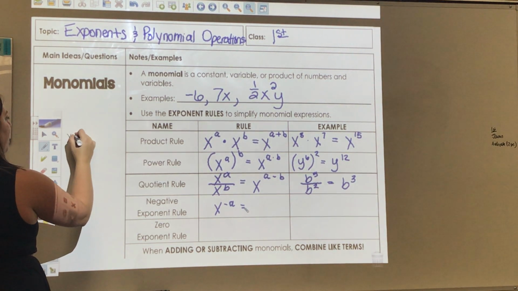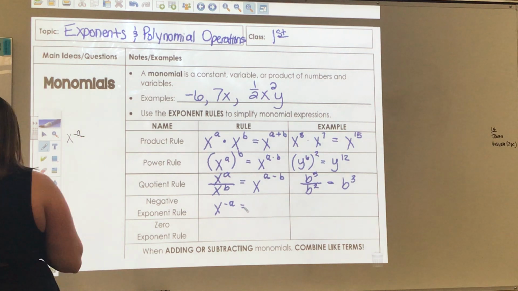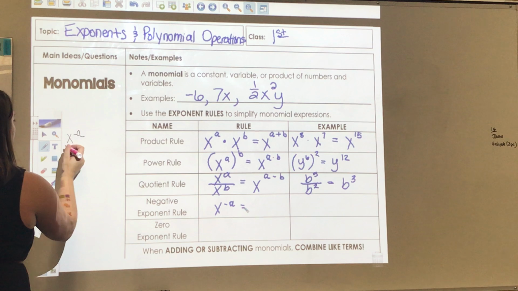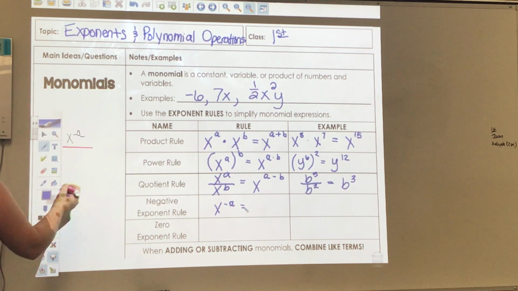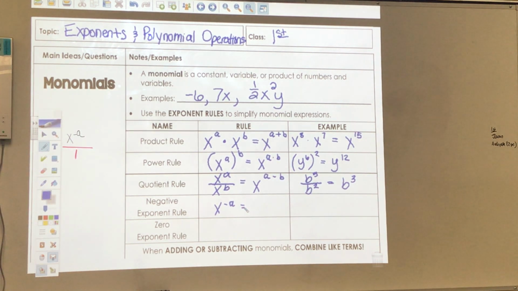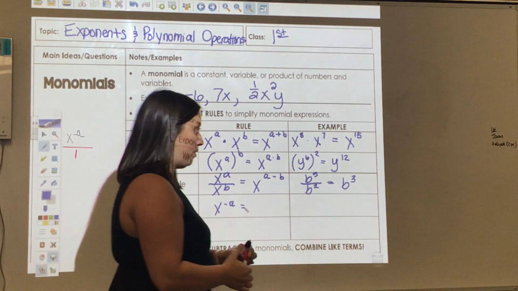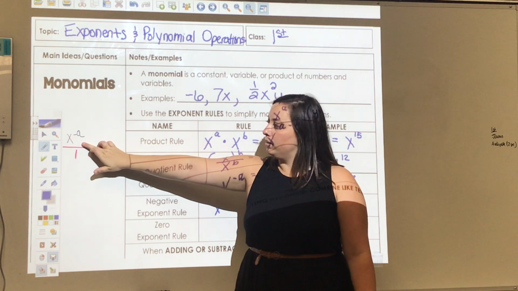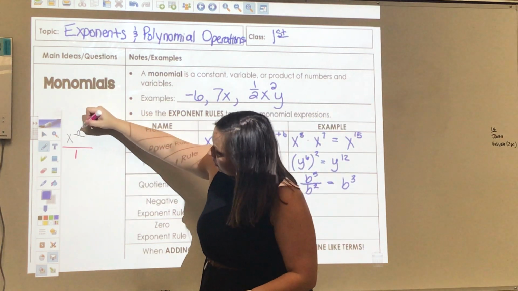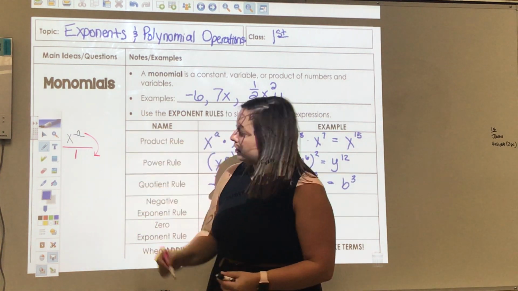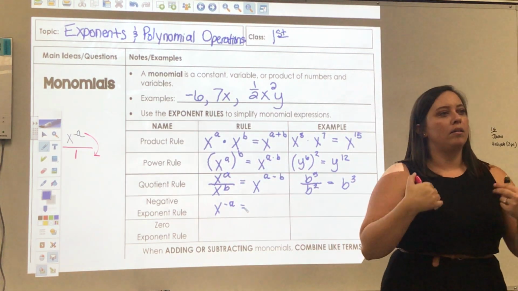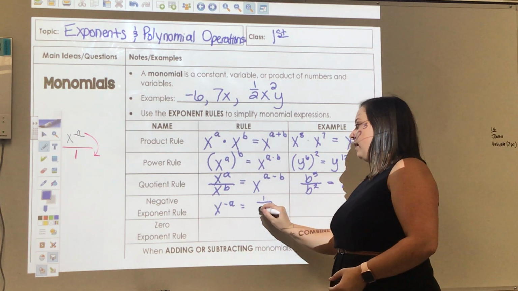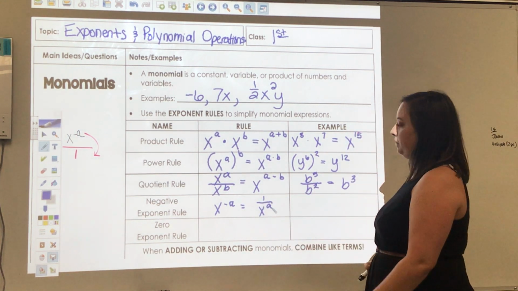So x to the -a really has a 1 at the bottom, an invisible 1. You just have to know that. Hopefully you already knew that. So in this case, when we have a negative a right here, we're going to move this whole piece down to the bottom. When you move it to the bottom, it makes it positive. So therefore, this becomes 1 over x to the power of a.